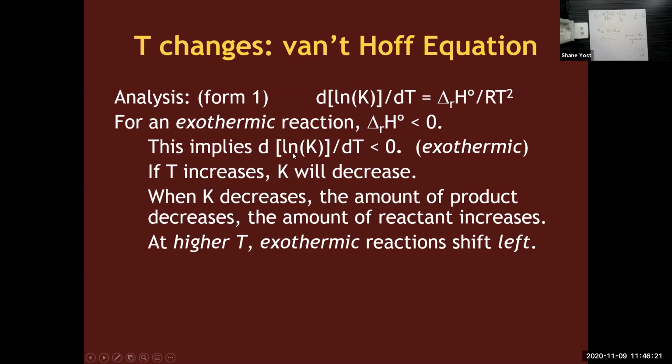If one of these increases, the other has to decrease, because this is negative. This gives you what we just talked about: if you have an exothermic reaction, as temperature increases, the equilibrium will shift to the left, and if temperature decreases, the equilibrium will shift to the right.